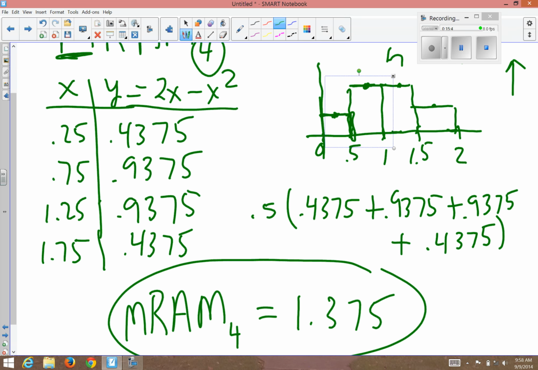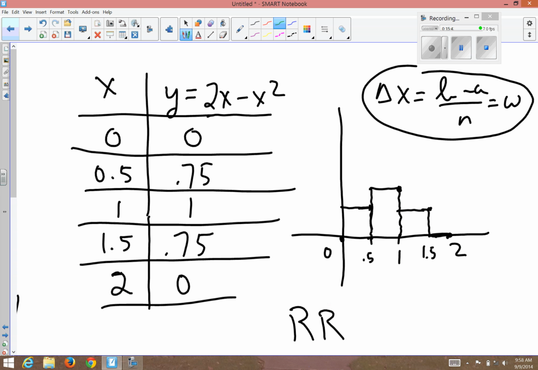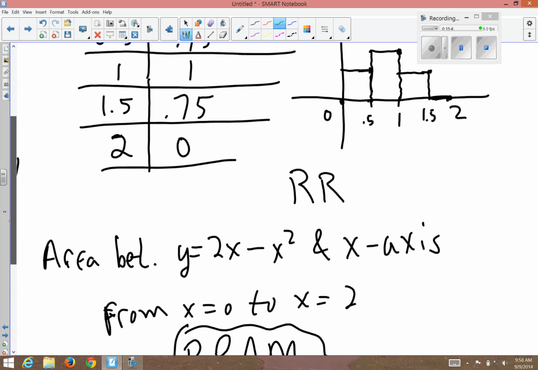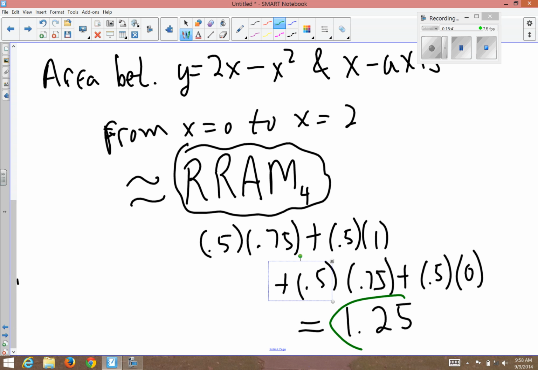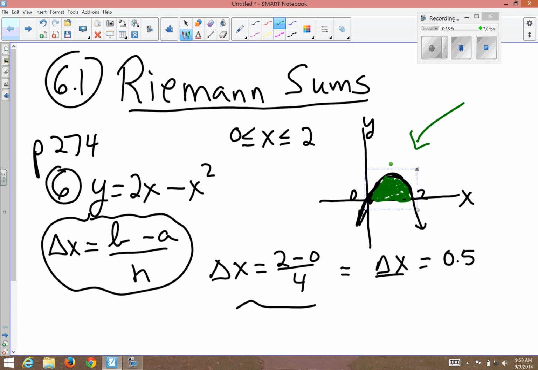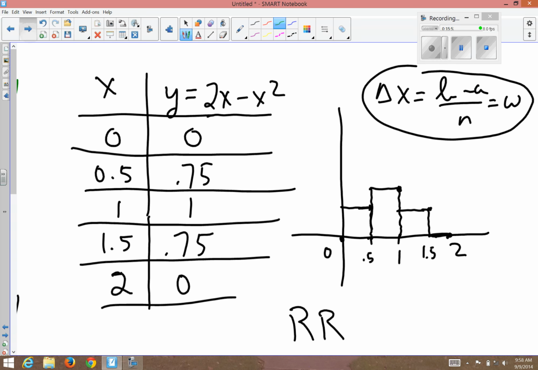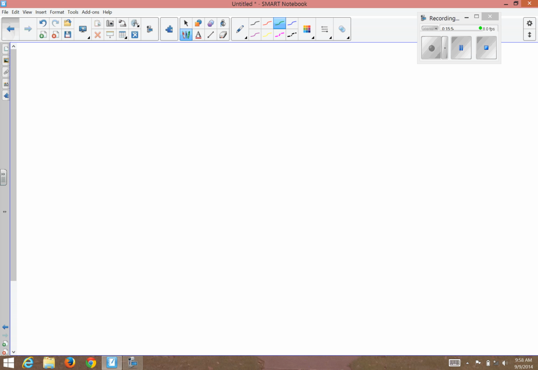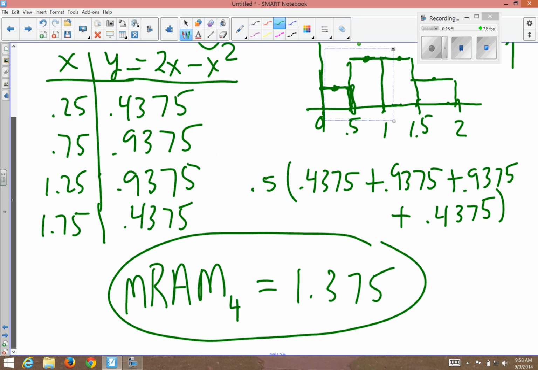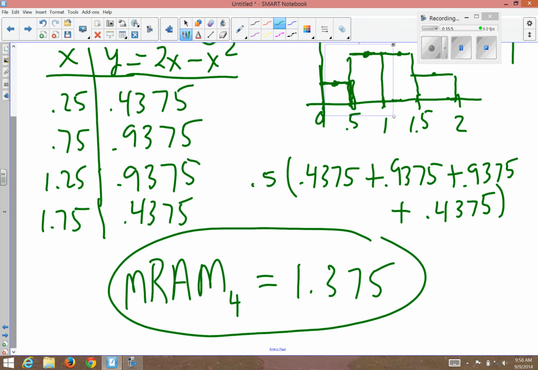That was, I forgot what it was. Oh, 1.25. And then we have the midpoint rectangle approximation method, 1.375. Okay. Sounds good.